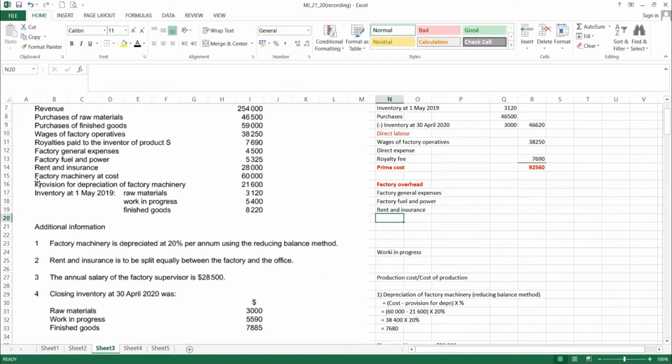Okay, factory machinery provision. Okay, provision. The moment you saw factory machinery, that means it's a depreciation. Depreciation of factory machinery related to the factory. Okay, next is what else that we have? Let's see.